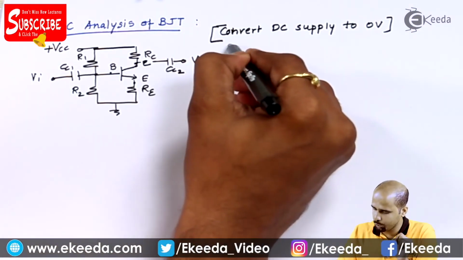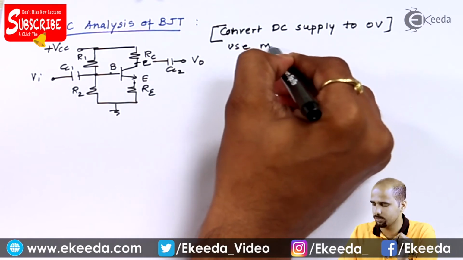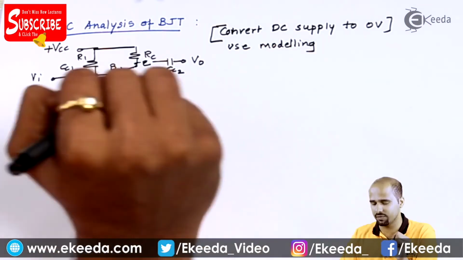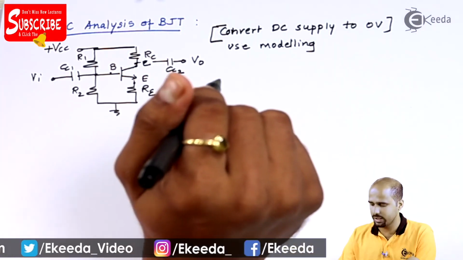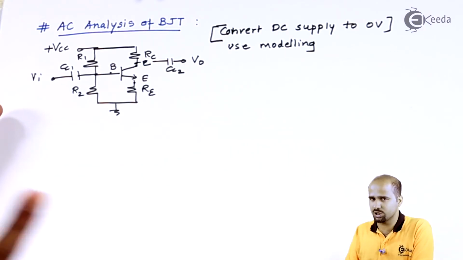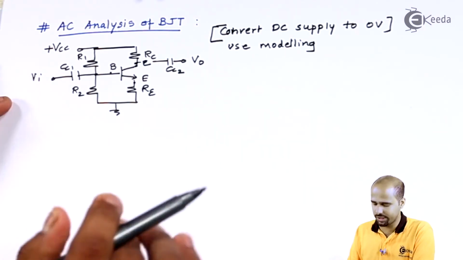And then we'll have to use modeling. Whatever modeling we have discussed so far is approximate modeling. Okay, so we'll do more or less approximation when we are dealing with analysis and design.